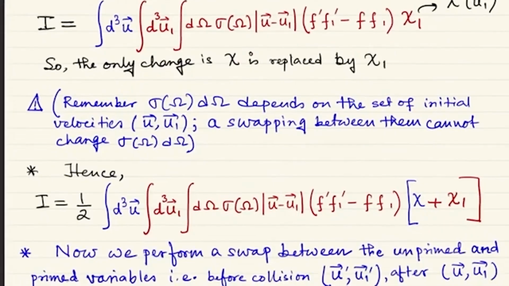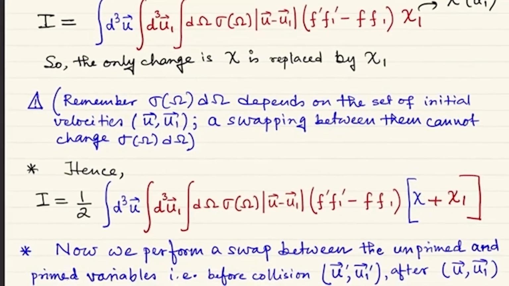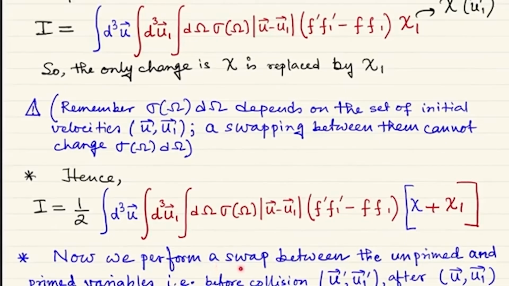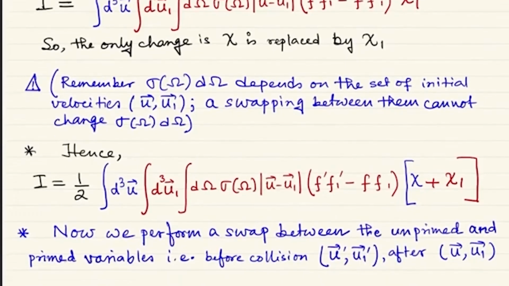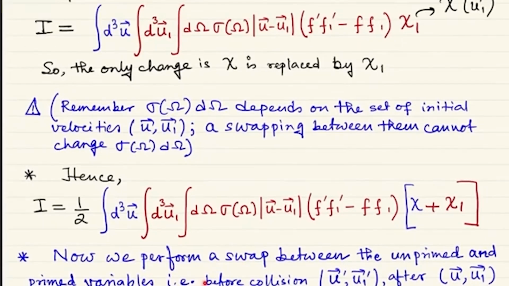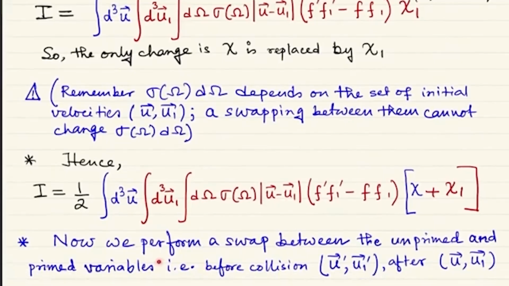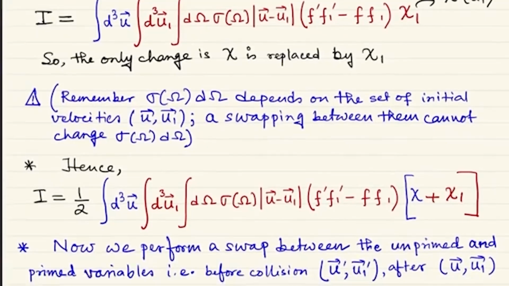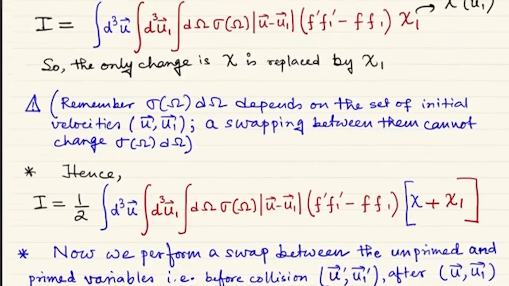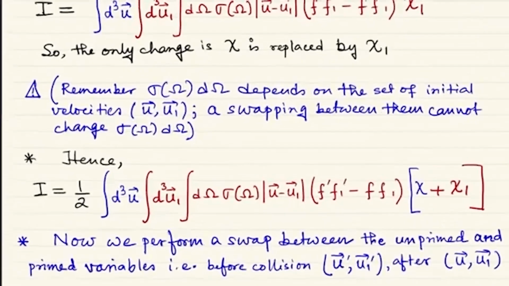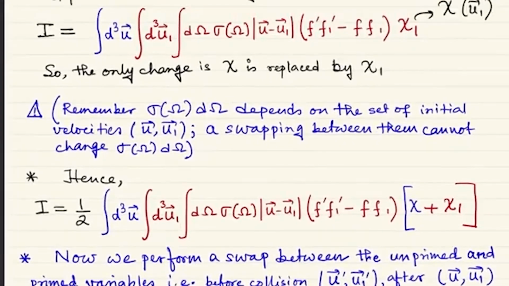Now, in the next step, we perform another swap between the unprimed and the primed variables. That means before collision, the variables will now be primed, and after collision, the variables will be unprimed.